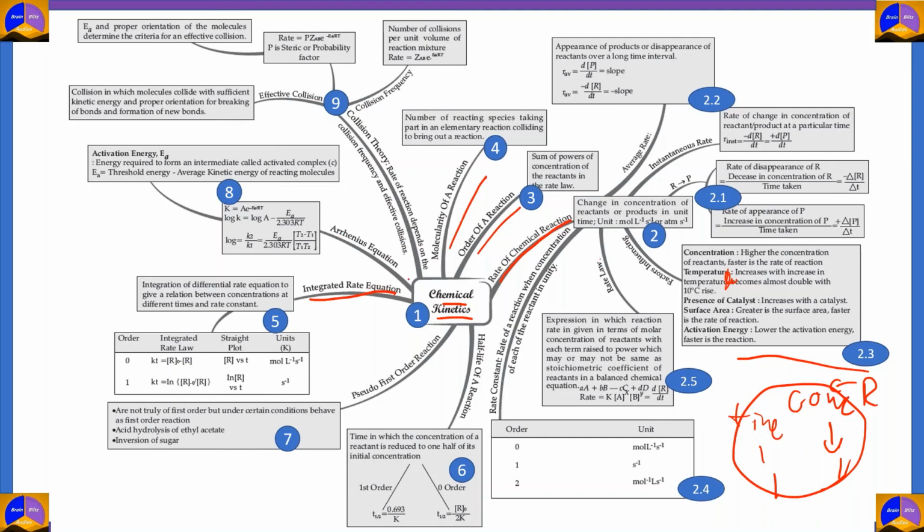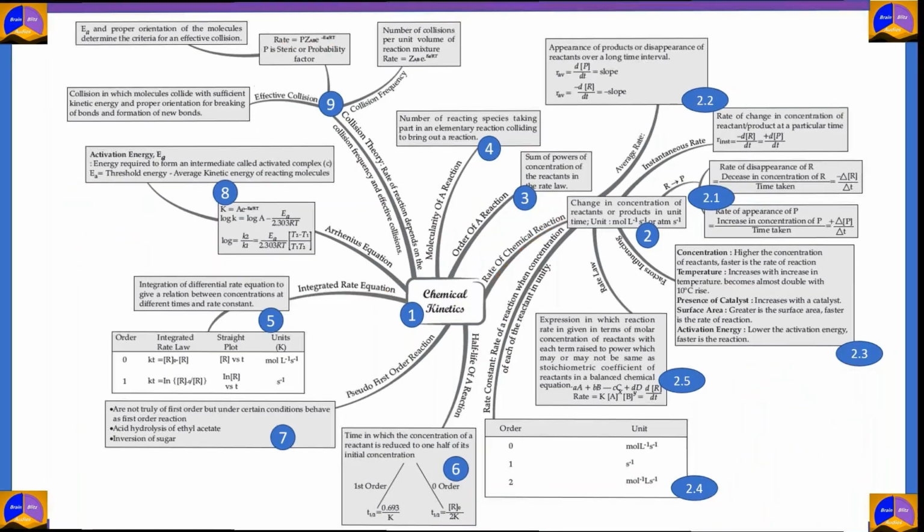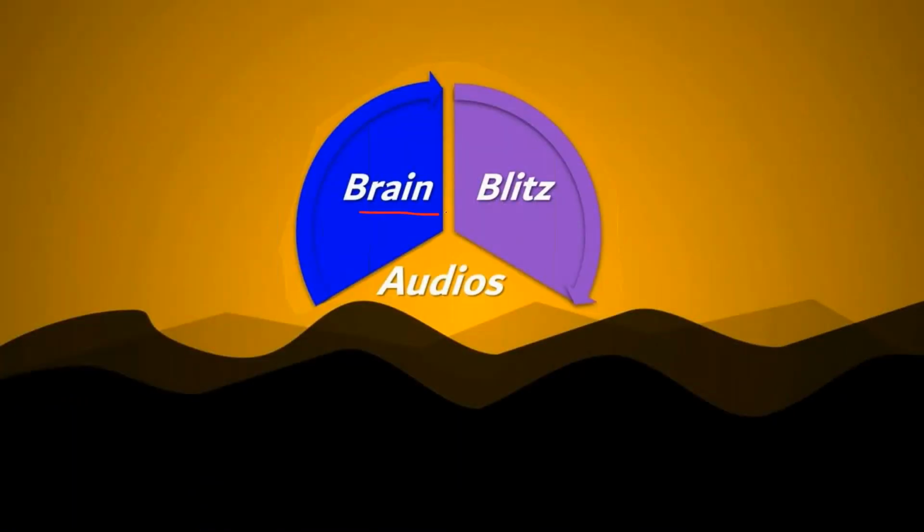So in Arrhenius equation, we found out the rate constant using the frequency of the collisions of the reactants A and B. And in collision theory, we found out the actual rate of a reaction using the frequency and the steric factor, which determines whether an effective collision has taken place or not. And so we use that to find the rate of a chemical reaction. So that's all about the chapter Chemical Kinetics.